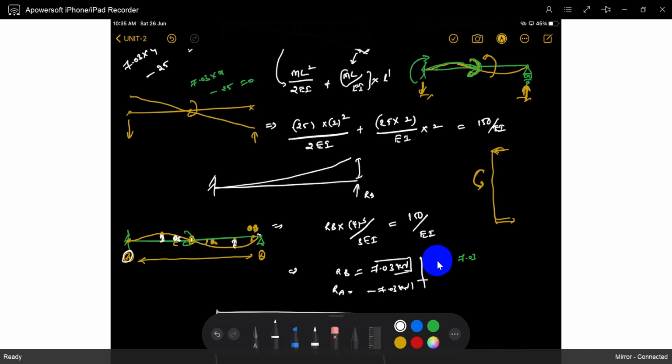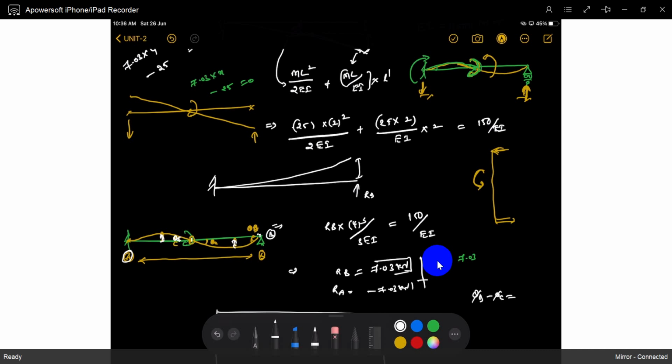If you choose B as the reference point, B also has a slope. We don't know, B also has a slope. Theta B minus theta C will give the area between those curvature diagrams. If you don't know theta B and theta C, that is again two variables. So for choosing a deflection, you have to choose another point which has 0 slope.